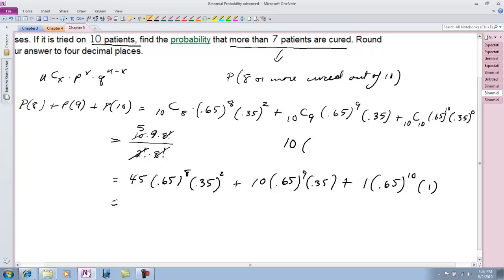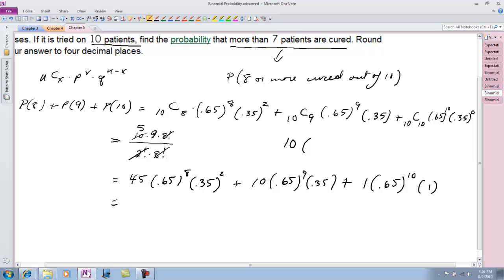Sometimes I don't like this calculator. 0.65 to the 8th times 0.35 to the 2, plus 10 times 0.65 to the 9th, arrow over, times 0.35, plus 1, don't have to worry about those, 0.65 to the 10th.